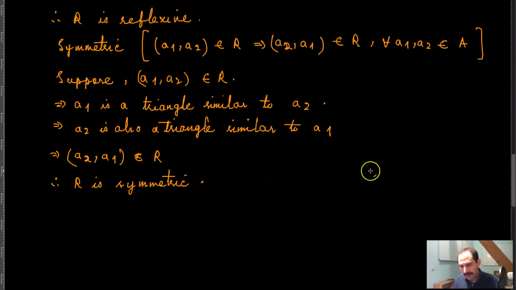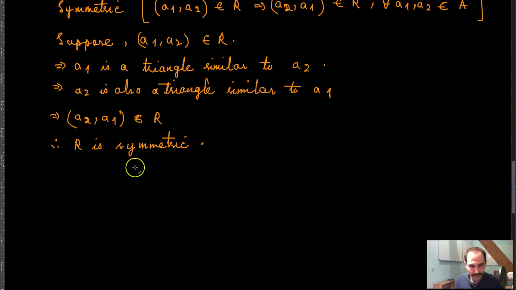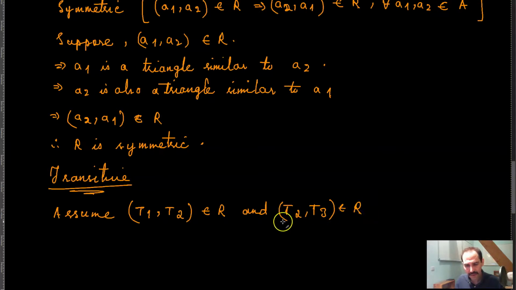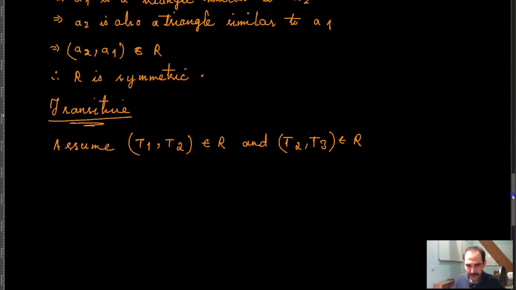Right? Now to show that R is transitive, let's assume that some (T1, T2) belongs to R, and also that some (T2, T3) belongs to R. So this implies that T1 is a triangle similar to T2, and T2 is a triangle similar to T3.